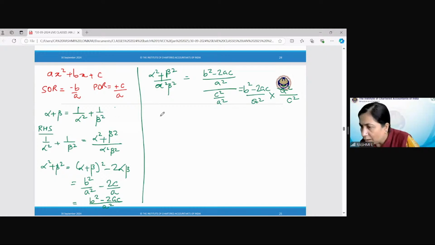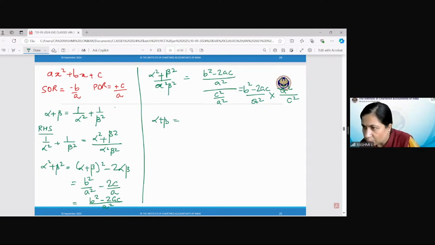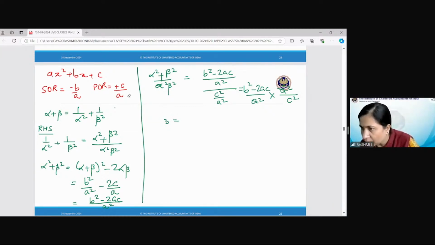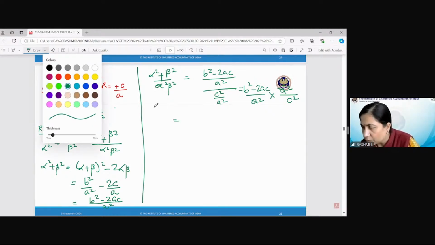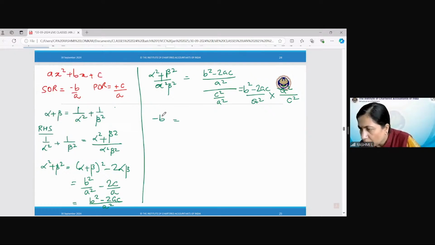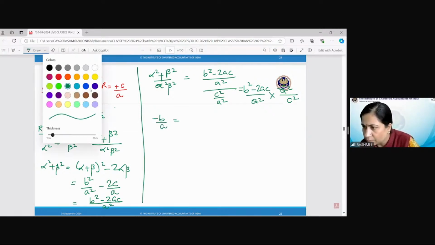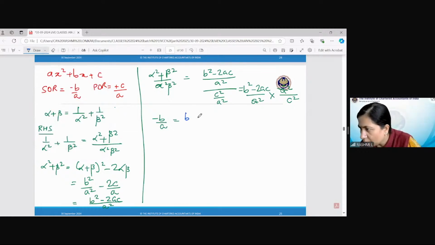So what is my left hand side? Alpha plus beta. That is, I can substitute. Alpha plus beta is minus b by a. So minus b by a is equal to b square minus 2ac upon c square.